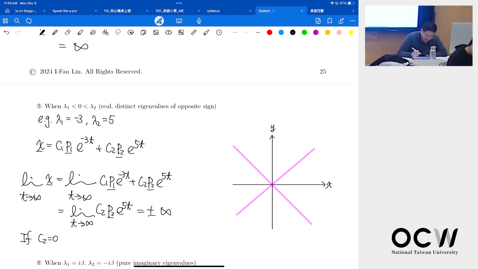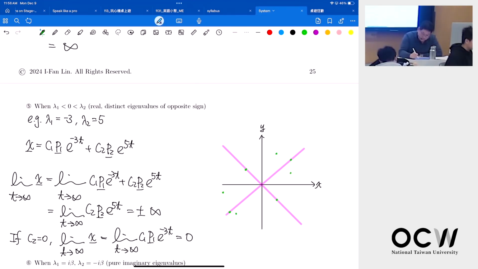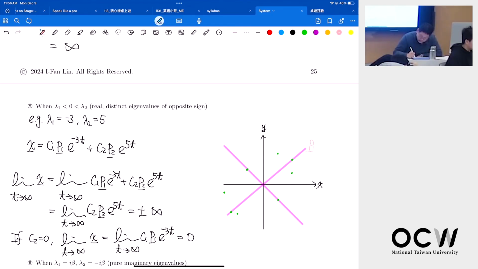If C2 is 0, then I only have the P1 direction. Then you can see as t goes to infinity, C1 P1 e to the minus 3t should be 0. Here, this is P1, this is P2. And for P2, they will go to infinity.